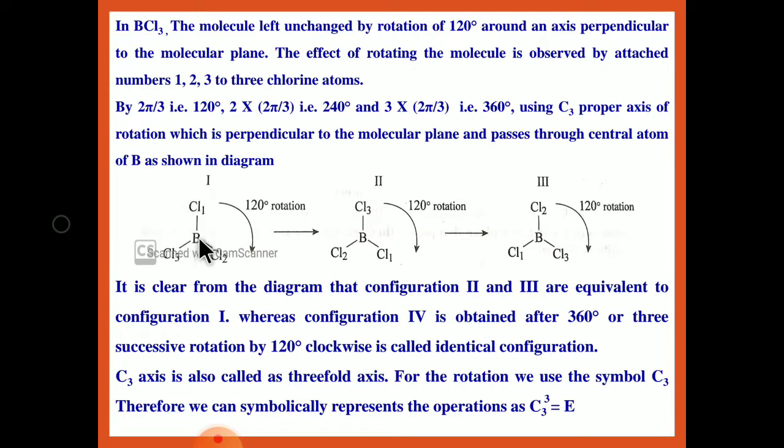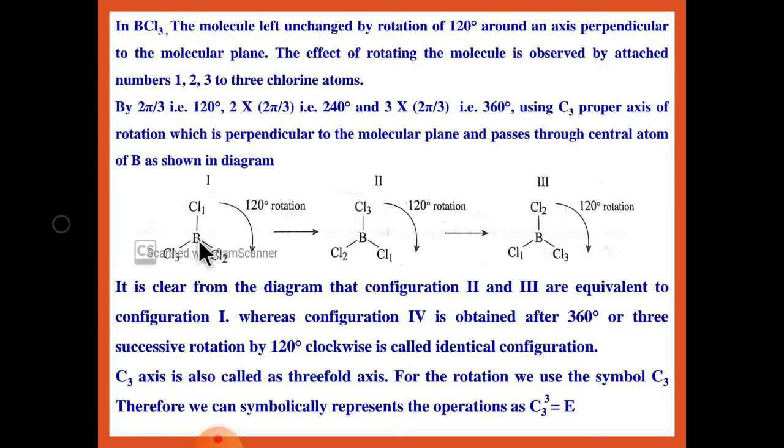That means the principal axis, C3, is passing through the central atom boron, and three C2 axes: one is passing through Cl1 and boron, second through Cl2 and boron, and third through Cl3 and boron. The three C2 axes are perpendicular to the principal axis.